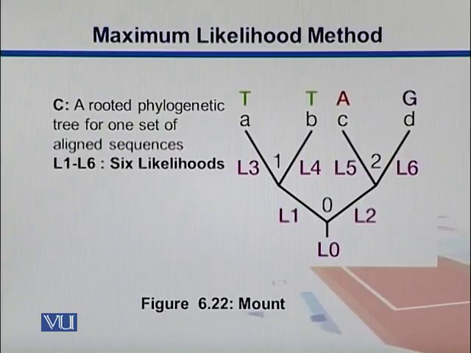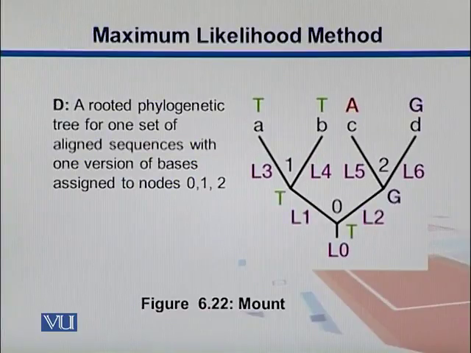In the same way we can come up with different likelihoods. For this hypothetical ancestor at 0, the likelihood is L0, and then we have other likelihoods. We can go from this ancestor towards the left, where we have the likelihoods L1 and L2. If we go towards the right, in the same way we have L3, L4, L5 and L6. So in total we have 6 likelihoods, or 6 changes, on the tree.